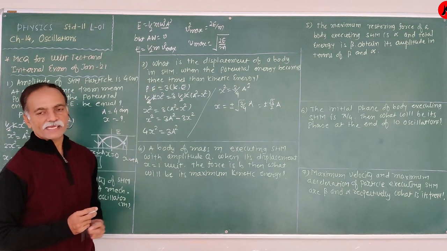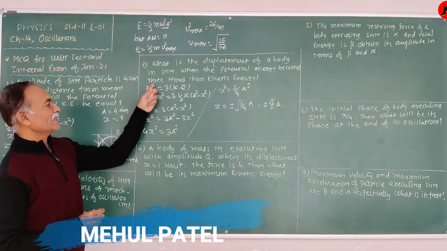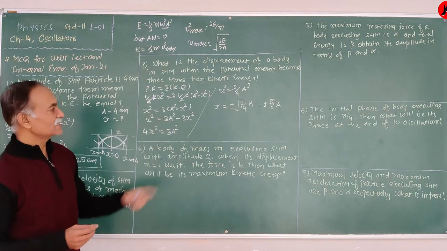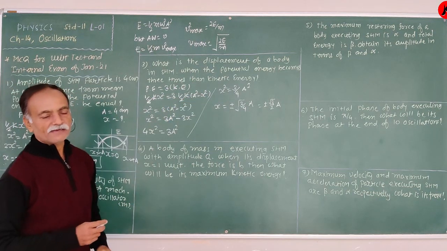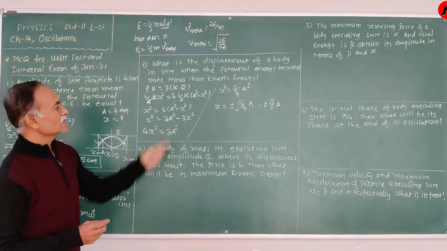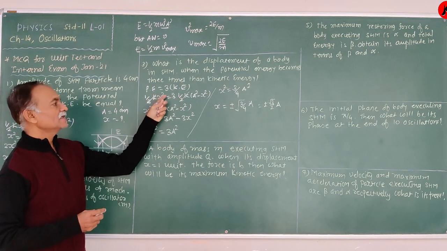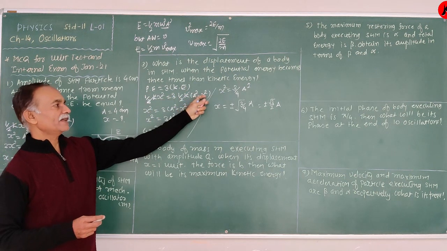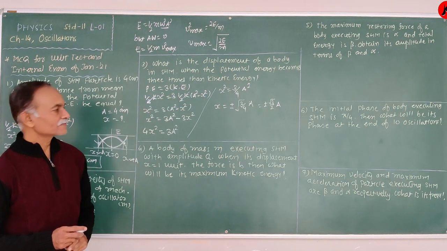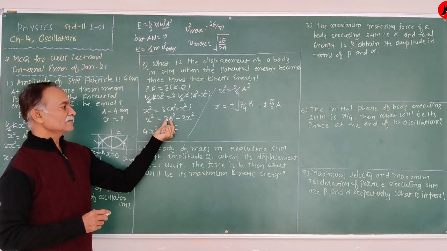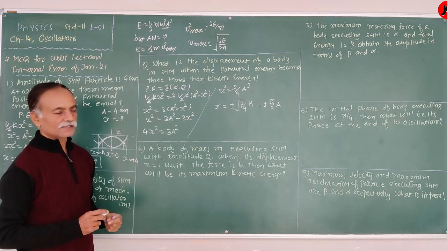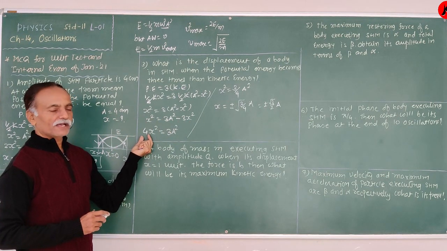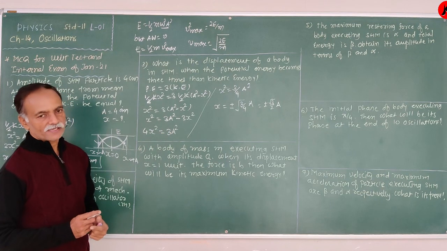Substitute the equations of kinetic energy and potential energy. Potential energy, half k x squared, is equal to 3 times kinetic energy, half k into a square minus x square. On both sides, half k cancels. Remaining is x square equal to 3 into bracket a square minus x square. Multiply by 3: 3a square minus 3x square. Taking 3x square to this side, 4x square is equal to 3a square.